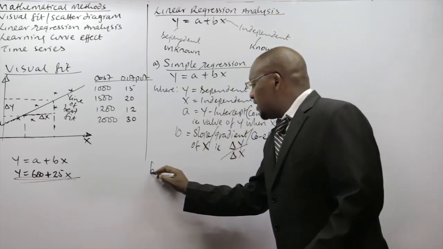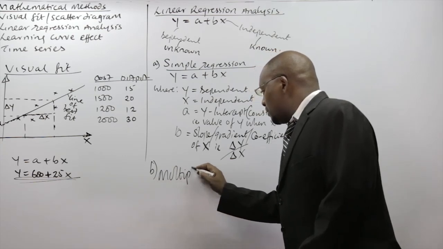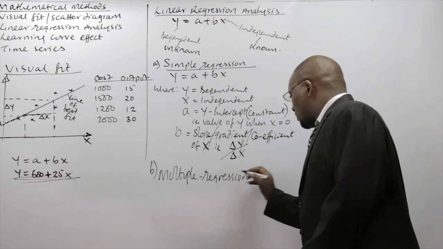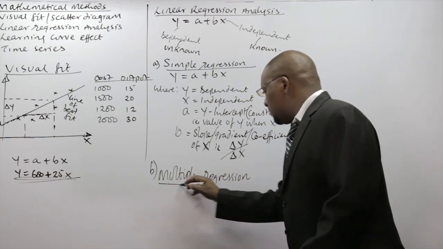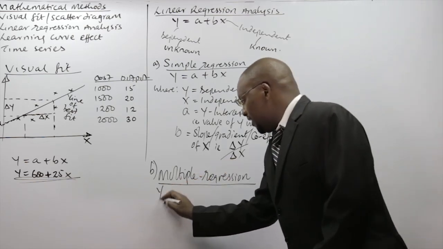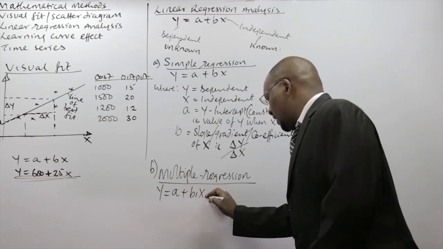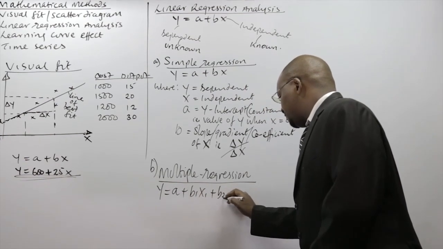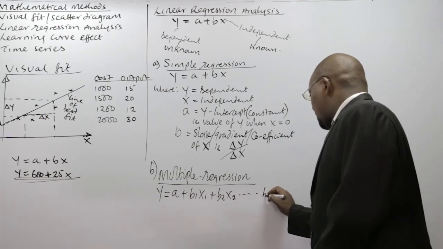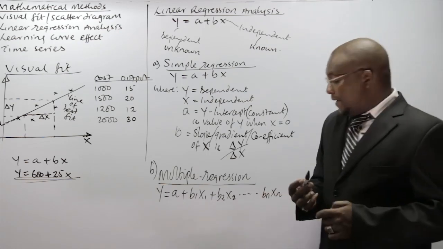But if you are having a multiple regression, then this means we are having more than one variable like this. We have y equals a plus b1 x1 plus b2 x2 up to bn xn, depending on the number of independent variables we have.